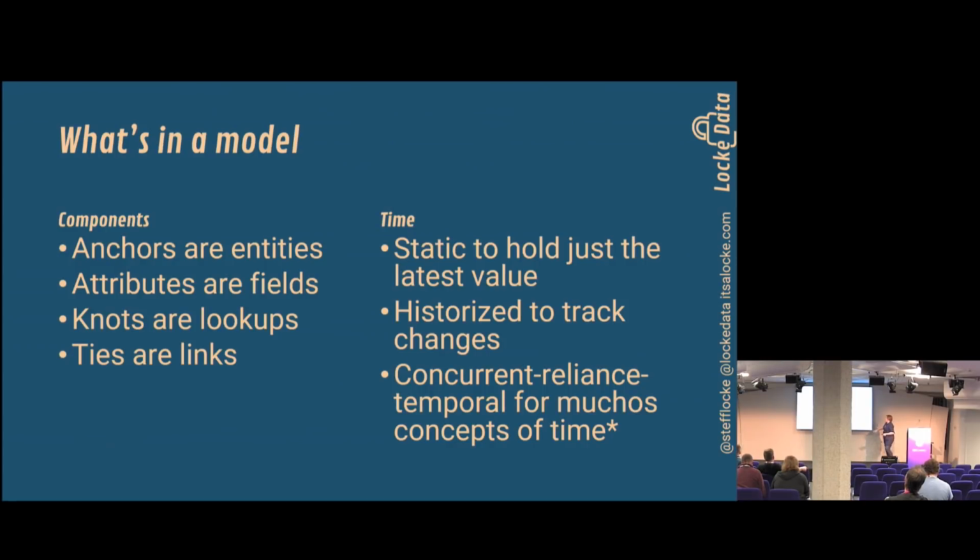So you're probably not going to turn this one on without a lot of thinking, but you can use these two in the same model, right down to the same anchor. So you can say, well, people don't really change their date of birth, so I'm going to keep that as static. But where people live, they change that fairly often. So I'm going to make a historized view of all the fields in address so that I get the change tracking.